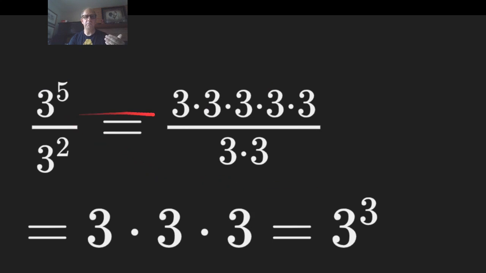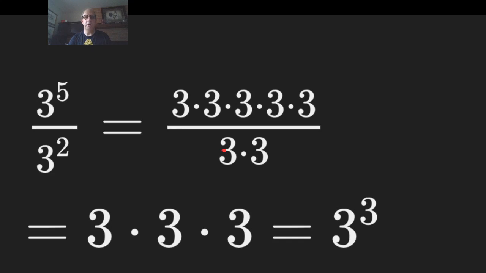So 3 to the 5th power is 3 times 3 times 3 times 3 times 3. And 3 squared is 3 times 3. Now, I know from my division rules, which I learned in 3rd and 4th grade, that 3 divided by 3 is 1. So if I have a bunch of these 3's, I can cancel them out.